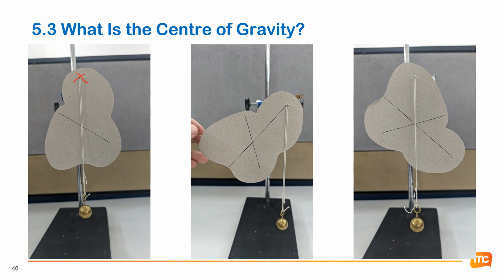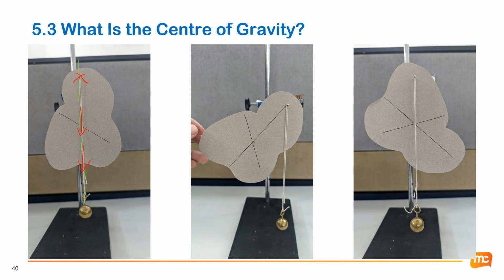So the pivot over here now must be directly over the weight because the line of action of the weight, which I will now do in green, must pass through the pivot. Again, I do not know where along this line the weight is going to be. So it could be here, it could be here.